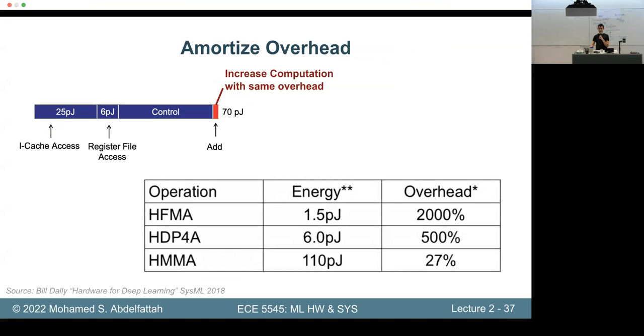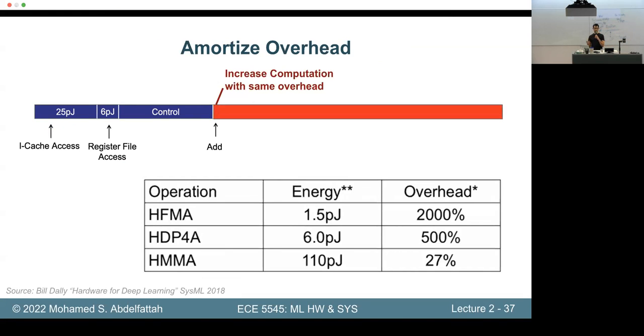The first one is to amortize the overhead. What that means is that I want to make my instructions more complex. By doing that, I am paying for the same overhead, but I'm increasing the computation that's done, given that large overhead.